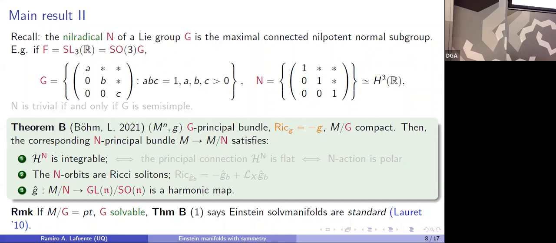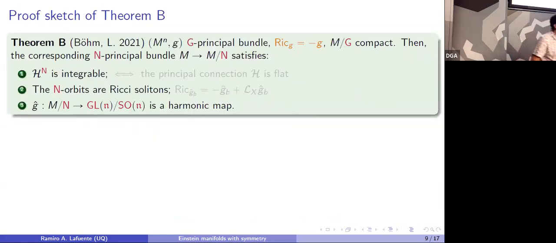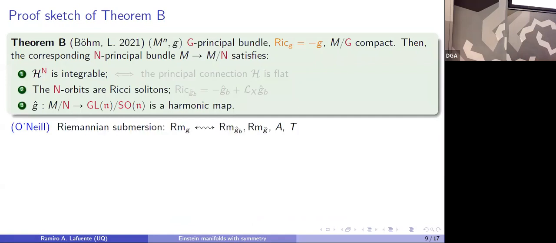Well, if not, and some are still following, maybe I will try to say a few words about how to prove this. What's the main idea? So that's the theorem again.